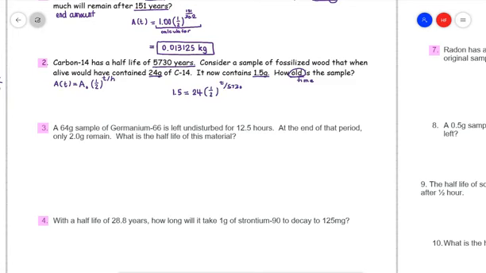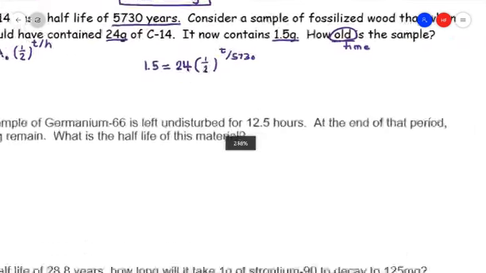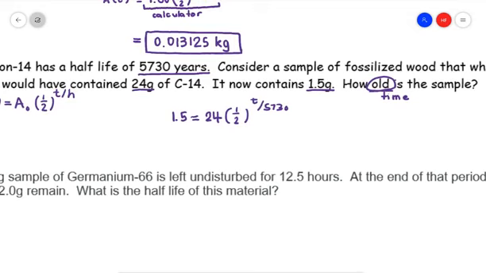Now, whenever we're dealing with a half-life and not just finding the end amount, we will have to do some moving around first. I'm going to divide this side by 24 and this side as well. I get 0.0625 is equal to 1/2 to the power of t over 5,730.